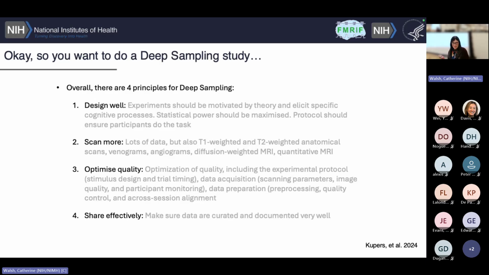So making sure that the data that you do collect is curated really well, it's documented really well, and it's accessible to a lot of different people is really important. And especially given we are at NIH, that's part of our mission, is in order to make it so that different researchers have the opportunity to ask important questions.